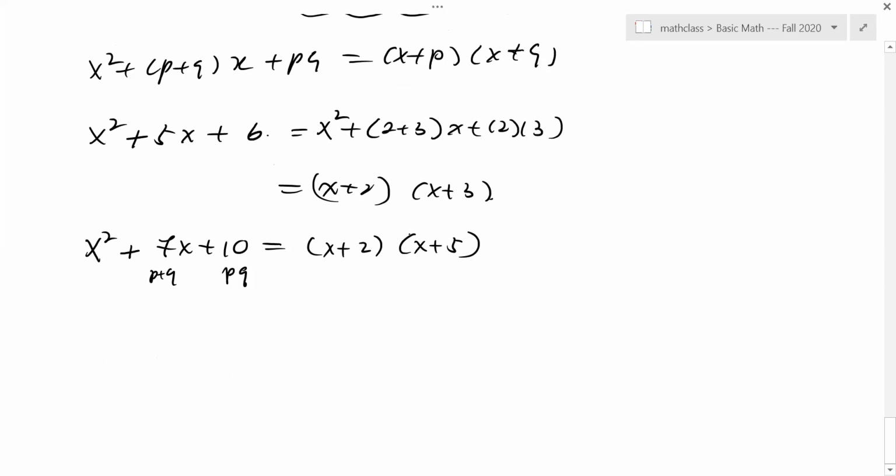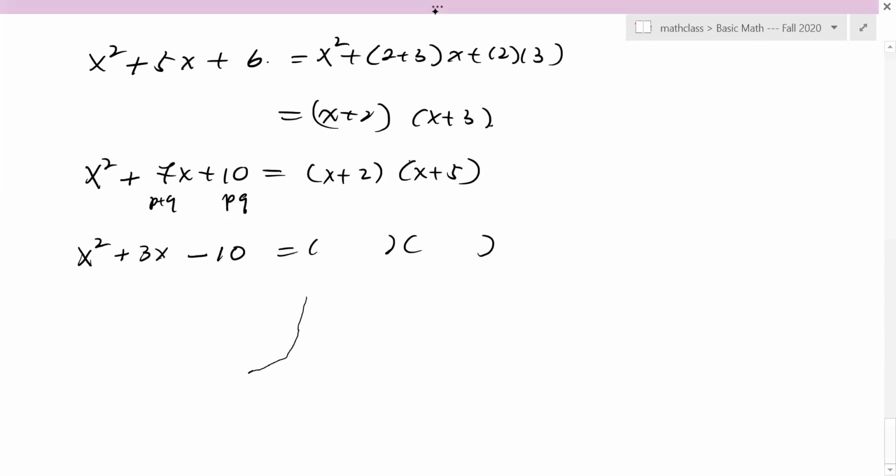Good. So this is that, right? And then I modify a little bit. I'm going to put 3x here minus 10.